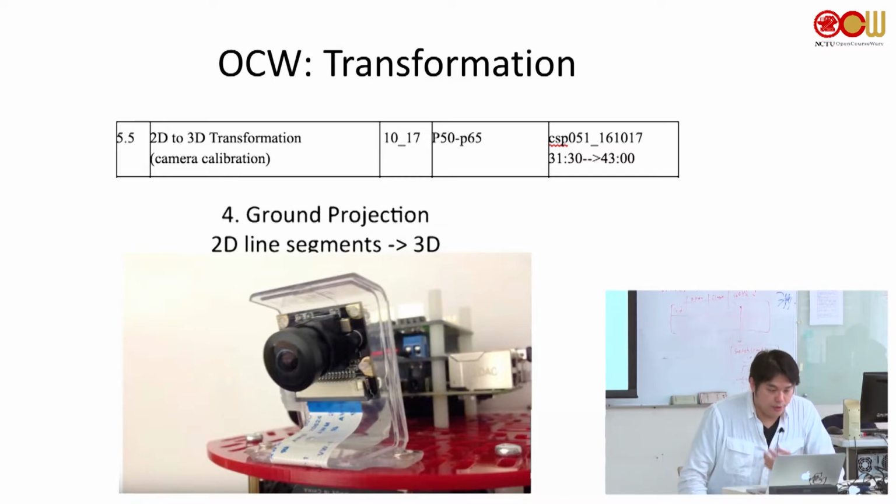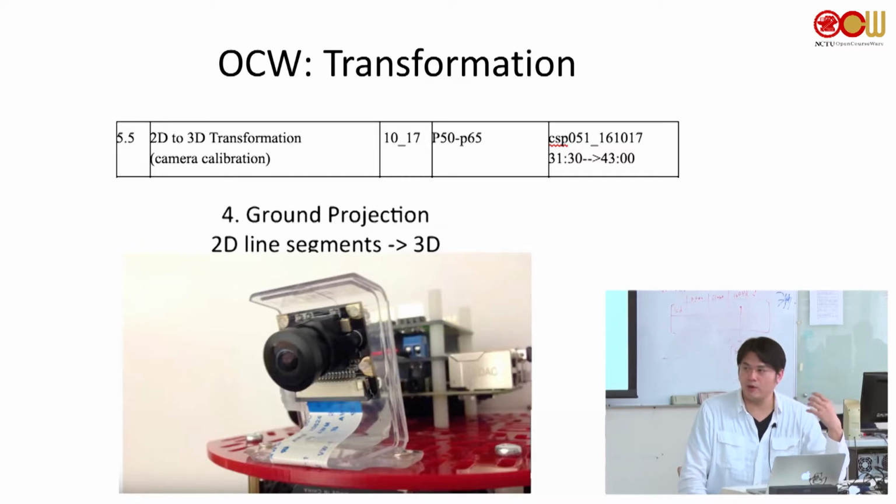And we already introduced 2D to 3D transformation, which is camera calibration, in our OCW. One important step in lane following is that you want to detect the 2D segments, and then you have a projection, a homography, to find the segments in 3D space.